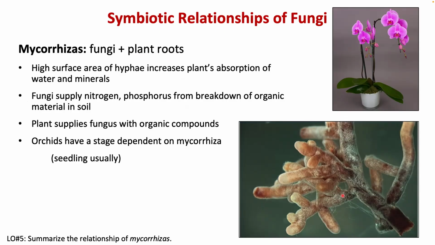The fungus supplies the plant with nitrogen and phosphorus from the breakdown of organic material in the soil. In return, the plant supplies the fungus with organic compounds for it to survive. One example of this is seen in orchids, which have a stage-dependent relationship with mycorrhiza.